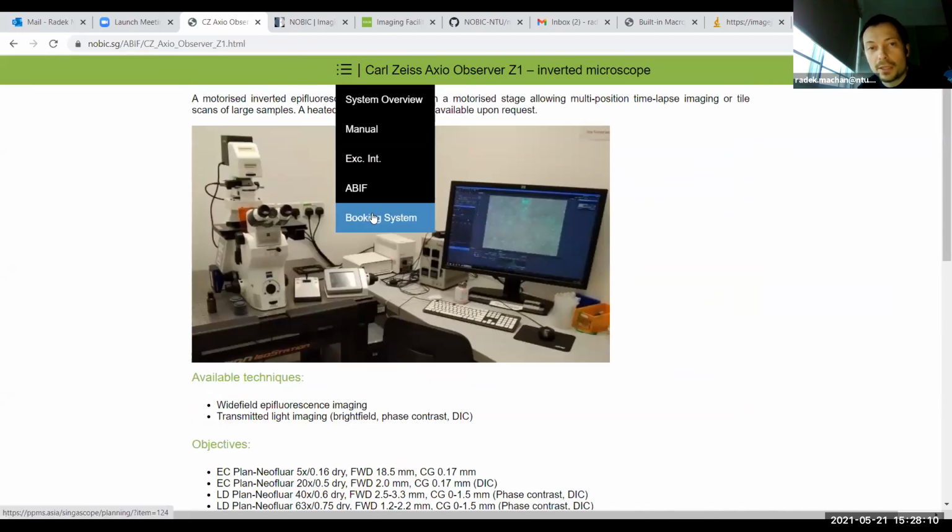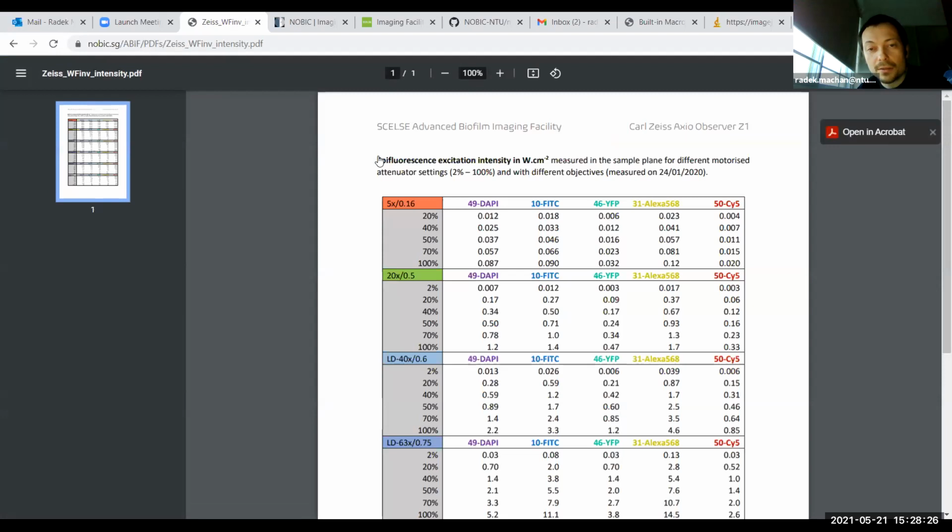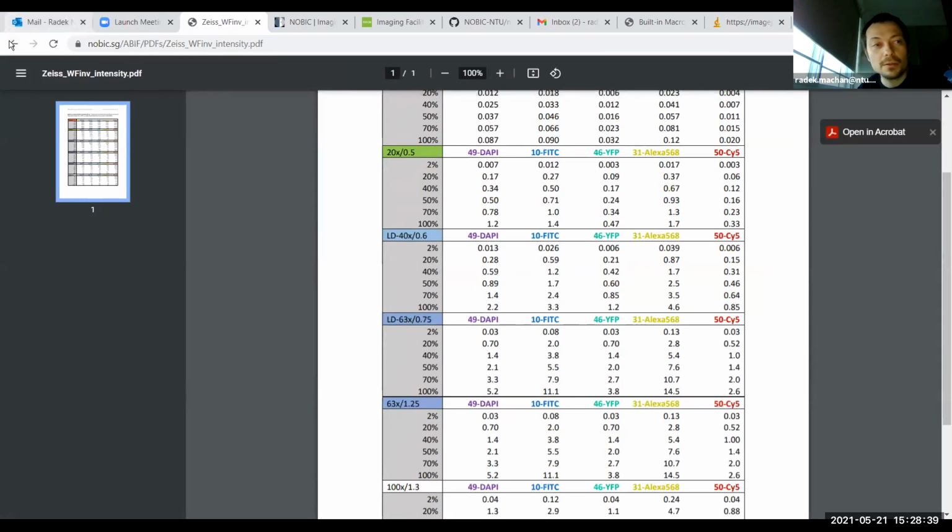And of course, it contains a link back to the booking system for that particular instrument. And for some of the microscopes, we have a table of excitation intensities, which is basically the excitation intensity for each objective and for different filters or different lasers in the case of confocal microscopes.